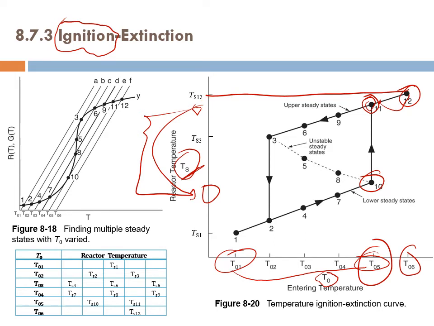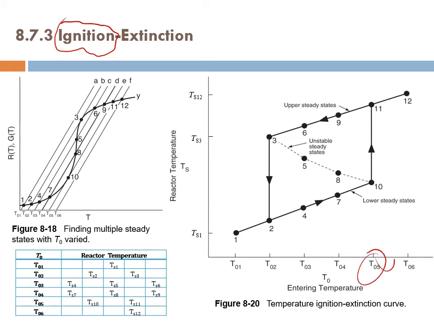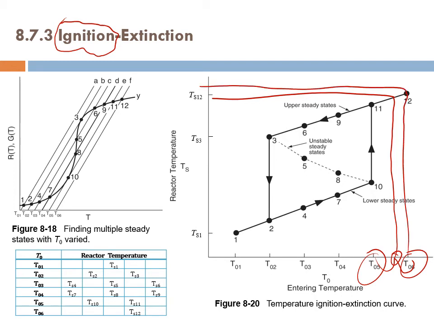So again, now there is that slight increase in steady state temperature with that slight increase in the feed temperature. We increase the T0 slightly higher, the steady state temperature will go slightly higher. Again, I can go to T06, and again you can see a slight increase in steady state temperature.